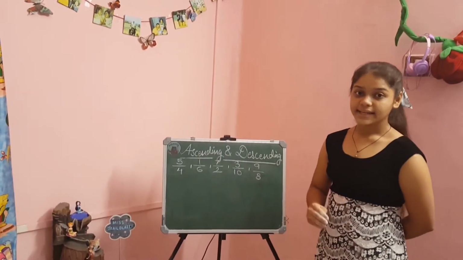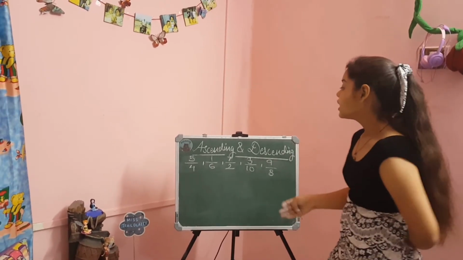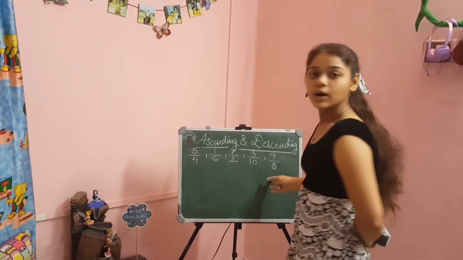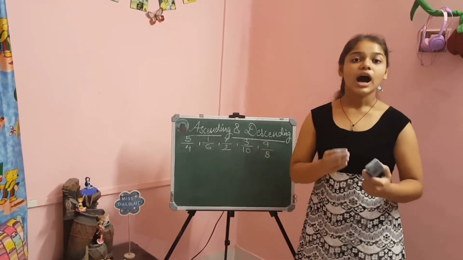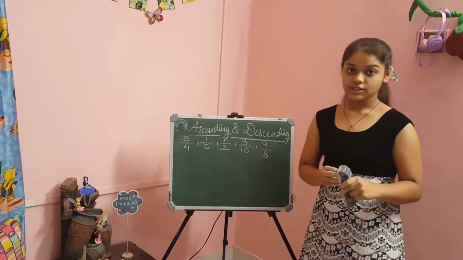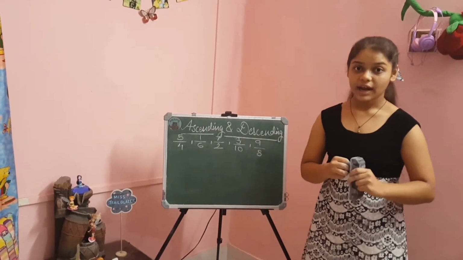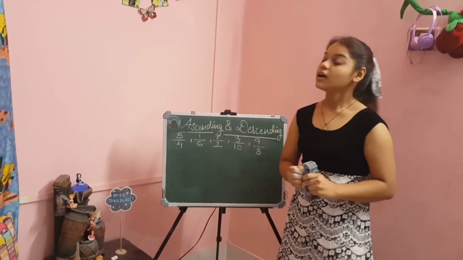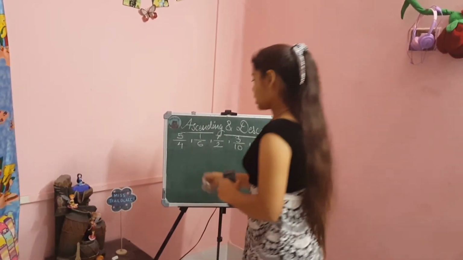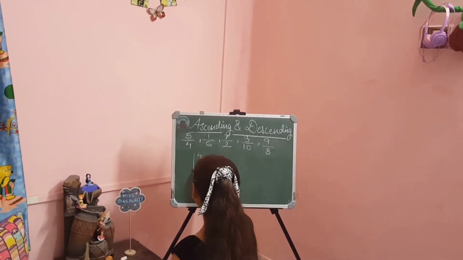So now let us see how to arrange unlike fractions in ascending and descending order. Here we have some examples of unlike fraction. So we saw how easy it was to arrange them in ascending and descending order when the denominators were same, right? So we'll take the LCM and find a common denominator for all of them. So to find the LCM, let us take the prime factors.